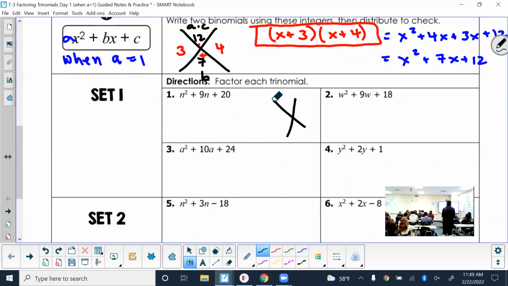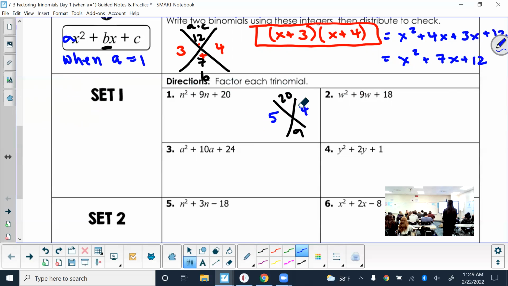Number 1, what number will go on the top of the diamond? Good, A times C, so 1 times 20 is 20. And what number goes on the bottom? Good, our B position number, 9. I need 2 numbers that multiply to 20 and at the same time add to 9. 5 and 4.